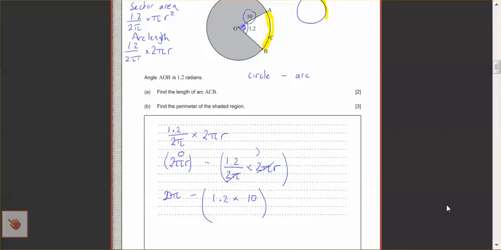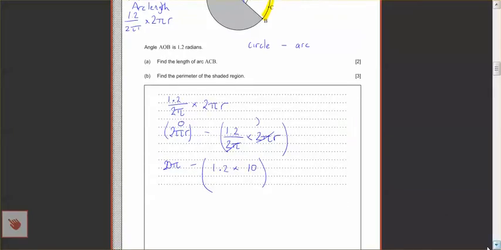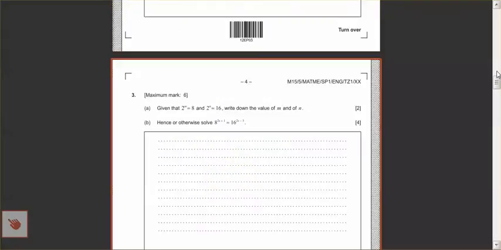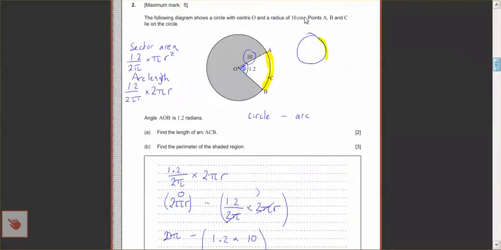Okay. Which is then 20 pi minus 12. But that is only the circumference of the circle that's left, the major arc as we call it. So the major arc, we should put it in a different colour, so that's this bit here. So that's where it's at.